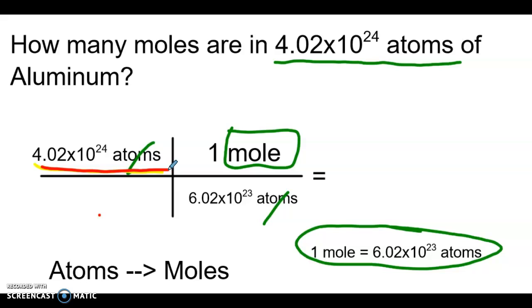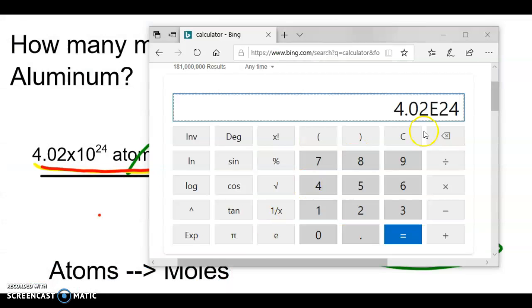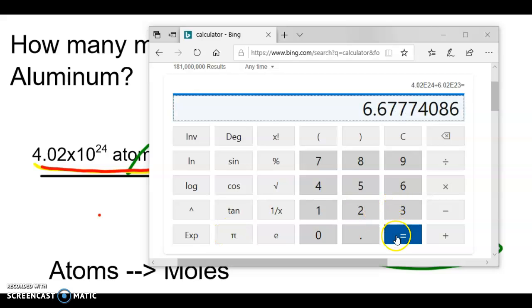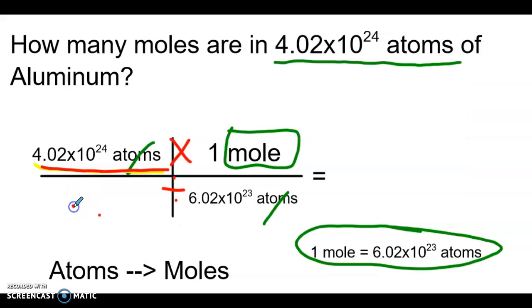So 4.02 times 10 to the 24th times 1, and times 1 doesn't really do anything. And then you divide by what's on the bottom. So 6.02 times 10 to the 23rd is on the bottom. So if we go back to our calculators, we can divide this by 6.02 times 10 to the 23rd, and that gives us 6.67. We can round that to 6.68.